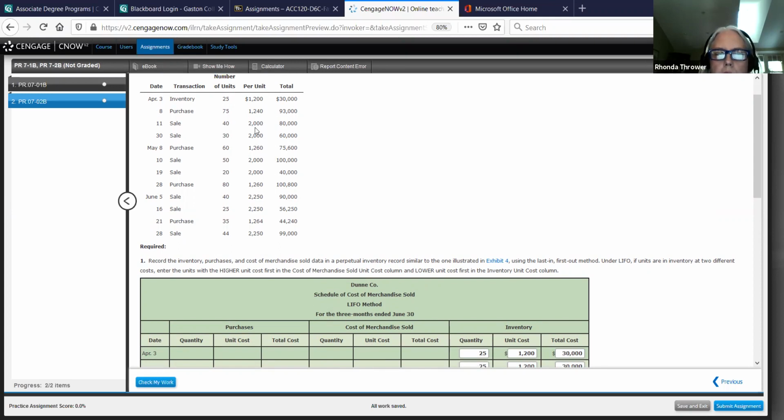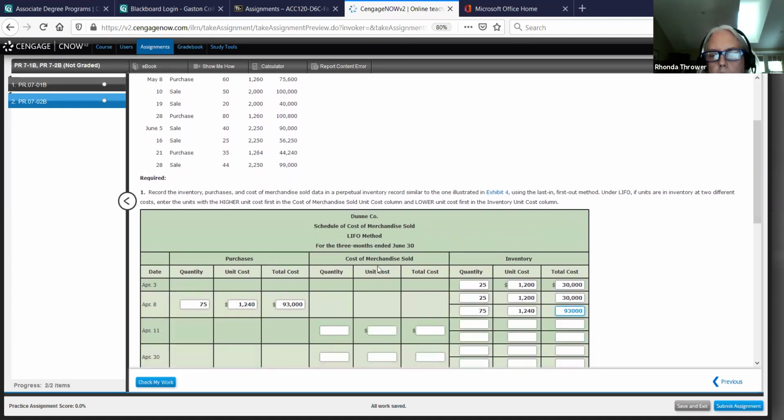This 2,000 is the marked up price. This is the selling price of those 40 units. It has nothing to do with the cost. It's what you've marked it up to so that you'll make a profit. So make sure you pick up the 40 units that you're selling. Make sure you go to the cost of merchandise sold columns.